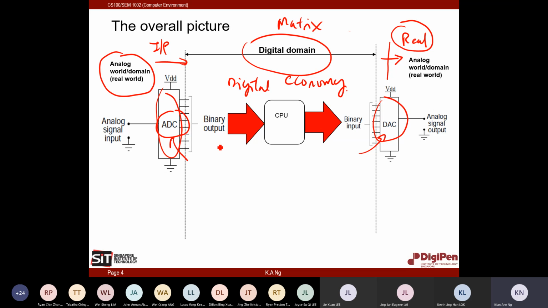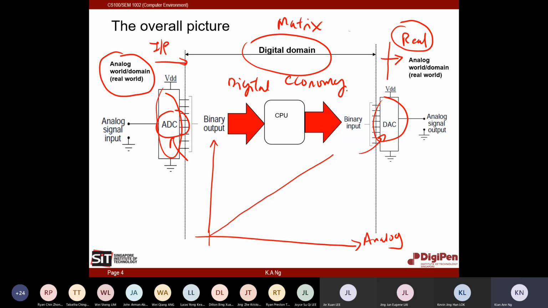So in our analog world, suppose this is the XY graph. We have an analog quantity, and we assume most of our real world quantities are linear. Okay, a line graph.